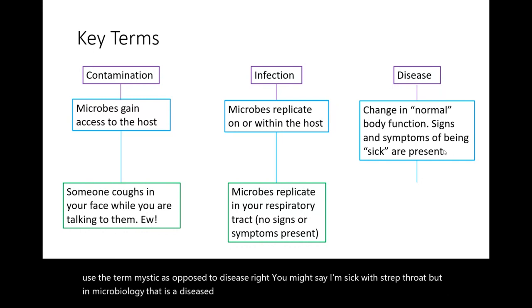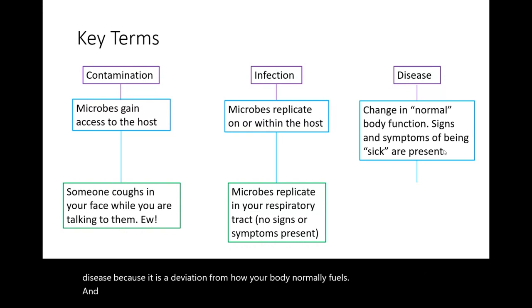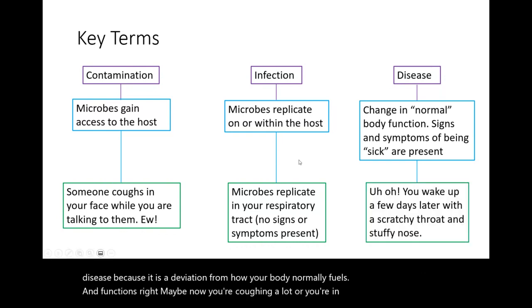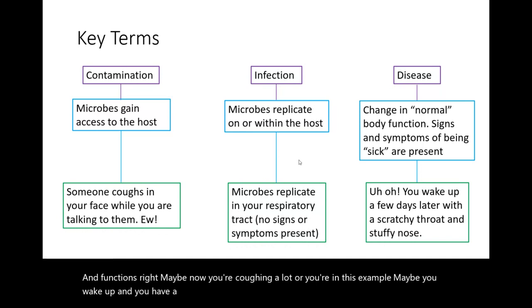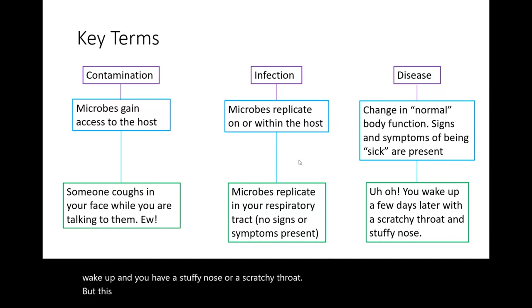So we would refer to strep throat as a disease because it is a deviation from how your body normally feels and functions, right? Maybe now you're coughing a lot, or maybe you wake up and you have a stuffy nose or a scratchy throat. But this deviation is now referred to as a diseased state, okay? So a contamination may lead to an infection, but maybe it stops there.